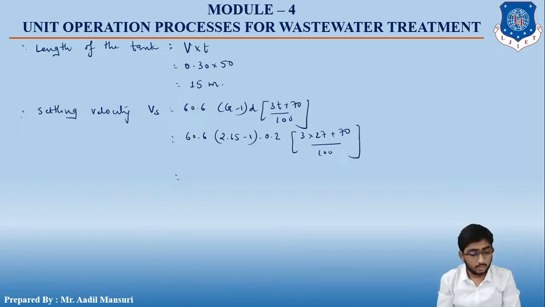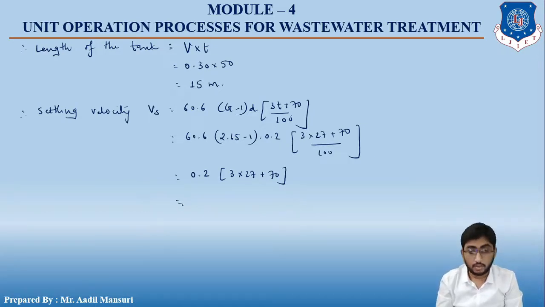So this will be equals to 0.2 into 3 into 27 plus 70, right?